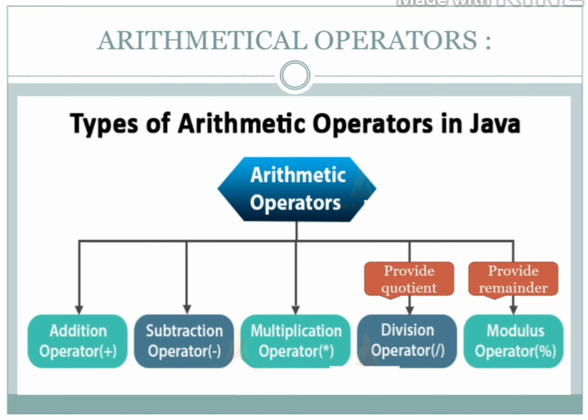If I am writing 5 divided by 2, then the output is 2. But if I am writing 5 modulus 2, it provides us 1. The remainder is 1 and the quotient is 2. Divide always provides us the quotient, and modulus always provides us the remainder.